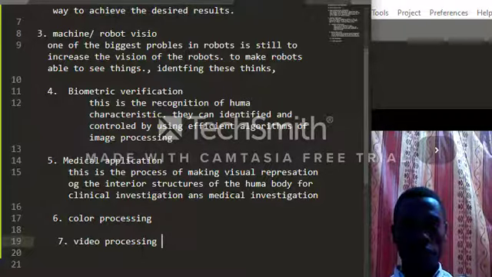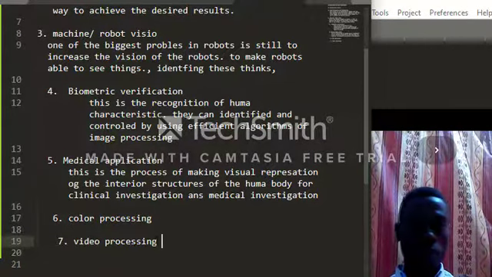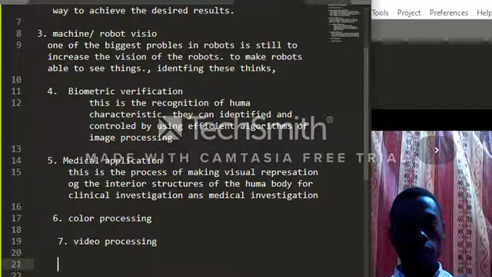If you have a system that can do video processing or analysis, it can pick exactly that time when those people were fighting. So video processing is also another application of image processing.